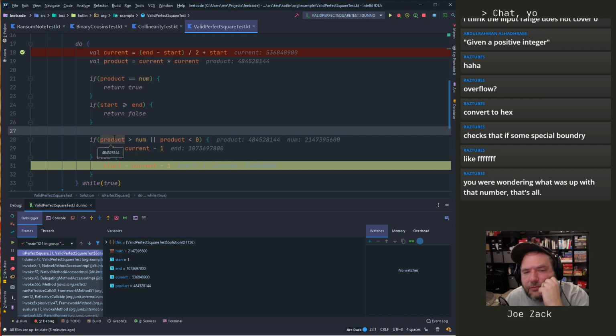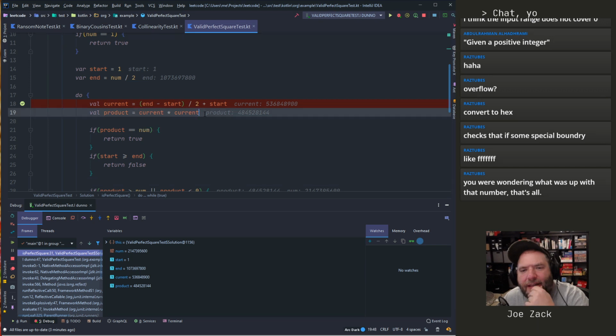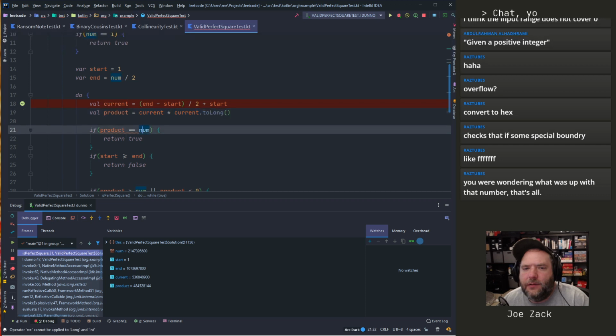Yeah, my product was smaller than my num. So did I overlap twice? Is that what happened here? I guess we're just gonna do this. There's gotta be a better way to do this.